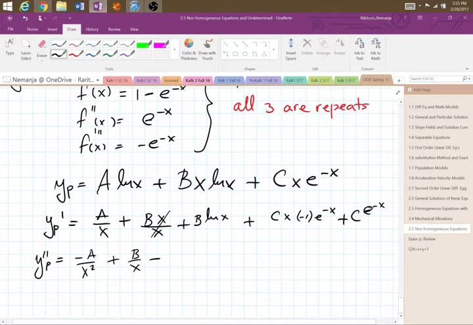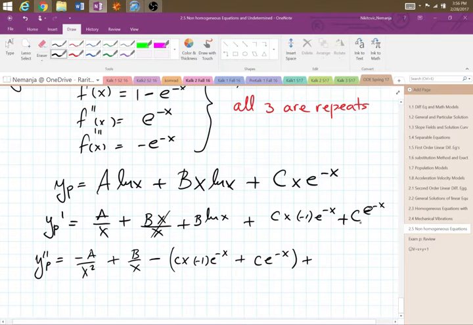So now we have the product rule again. The product rule will say copy the first one, which is cx, times derivative of the second, which is -1 e to the negative x, plus copy the second, which is e to the negative x, and then times c, so c e to the negative x. Awesome.